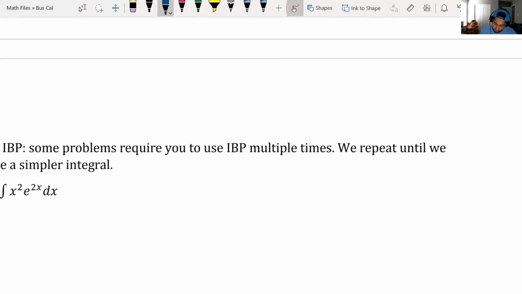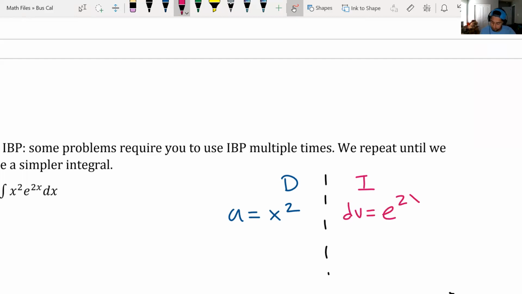All right, so we'll have the derivative column, and then the integral column. For my derivative, we're going to let u equal x squared. For my integral, we're going to let dv equal e to the 2x.